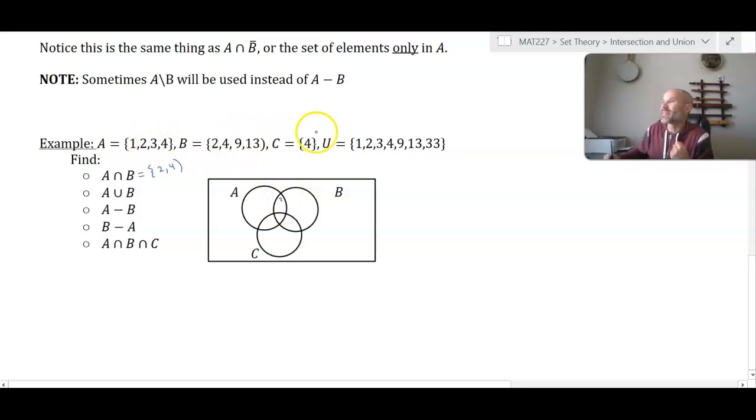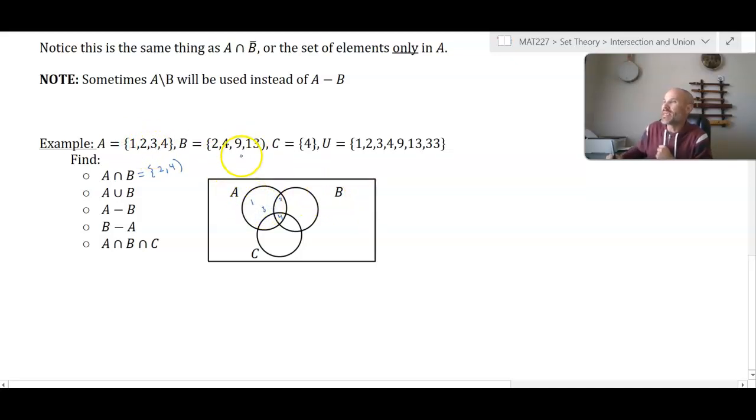Notice that A, B, and C all contain the elements 2 and 4, and so here is the A circle, the B circle, the C circle, and they all overlap here in the center. So the element 4 would actually go right there. Now notice that that's still in the overlap between A and B, but I put the element 4 strategically so that it also fell into C at the same time. Then the elements in A that are not in B or C would be 1 and 3.